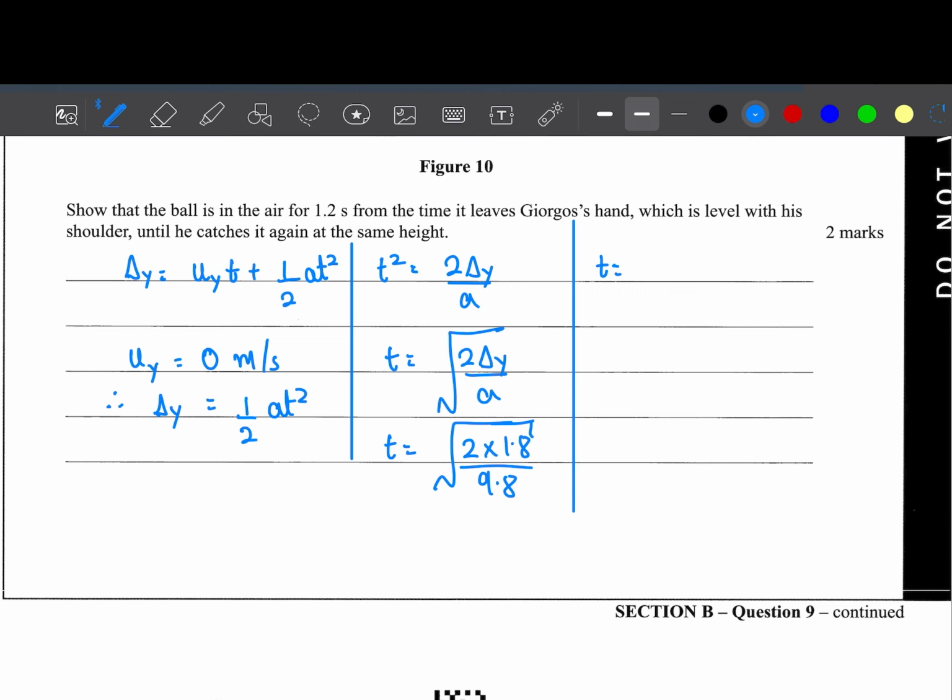Right, so that is going to give us 0.606 seconds. Now we multiply that by 2, 0.606 times 2, and we will get 1.2 seconds roughly, 1.21 seconds.